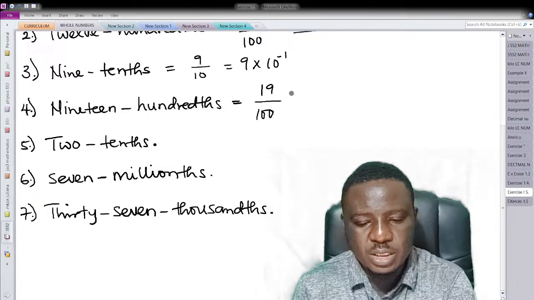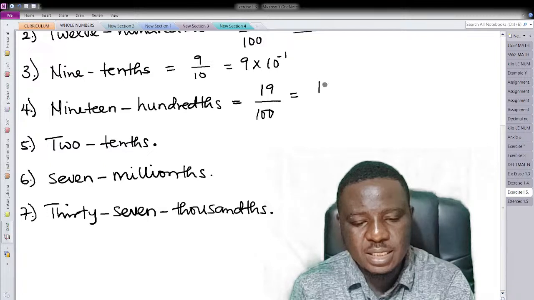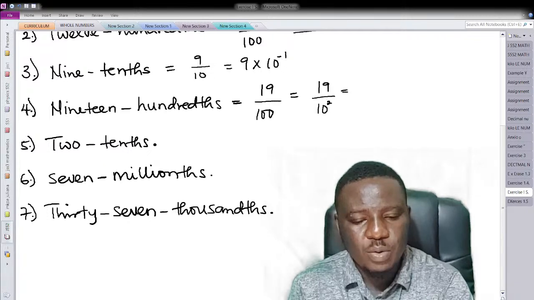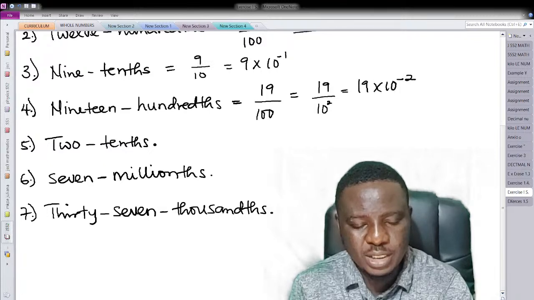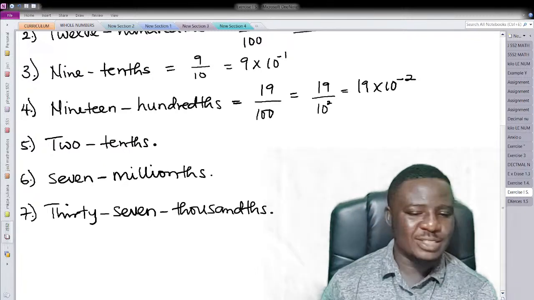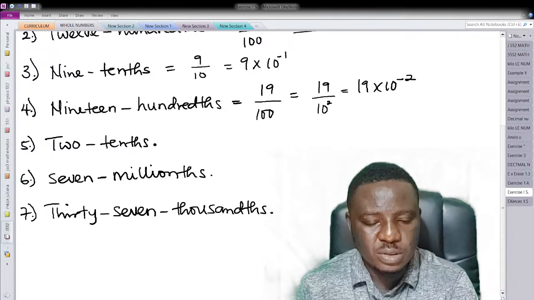And we said this can be expressed as 19 divided by 10 raised to the power of 2, which is equal to 1.9. This can be said to be 19 times 10 raised to the power of minus 2, right? But this is not in standard form, because 19 is greater than 10.